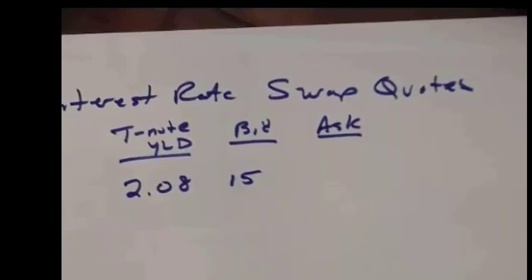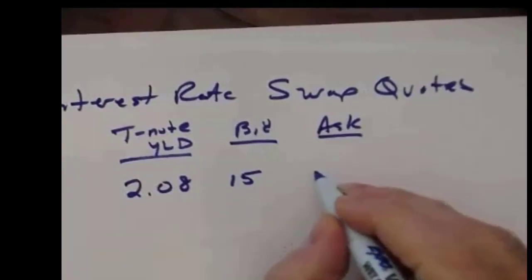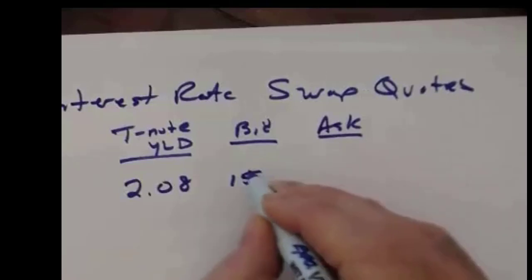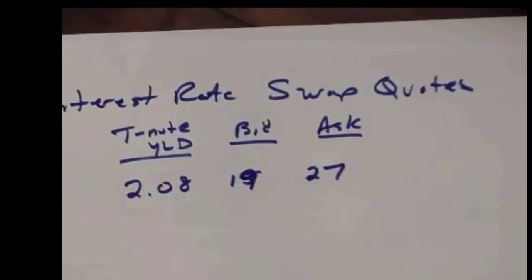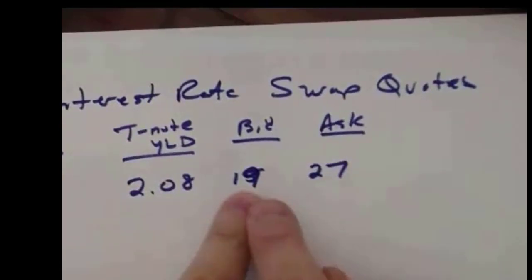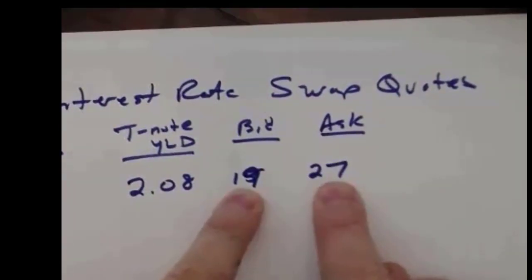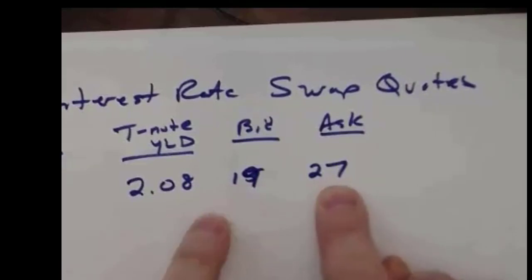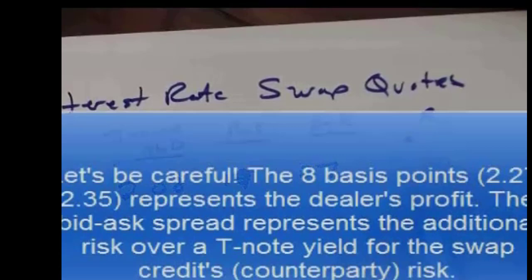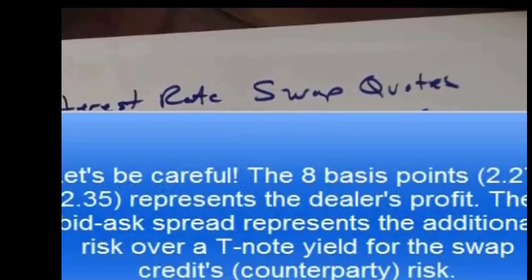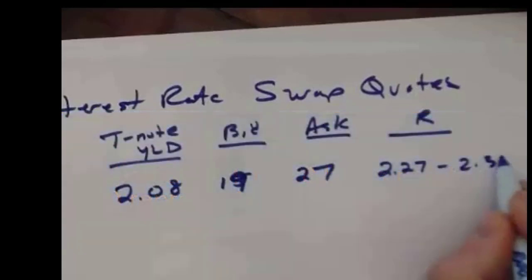There's a bid price and an asking price, and in basis points you could have a 27-point ask. So you see the spread in terms of the swap fixed rate here, a spread of 8 basis points in total. And then you have what's called the swap's fixed rate, capital R, which would be between 2.27 and 2.35.